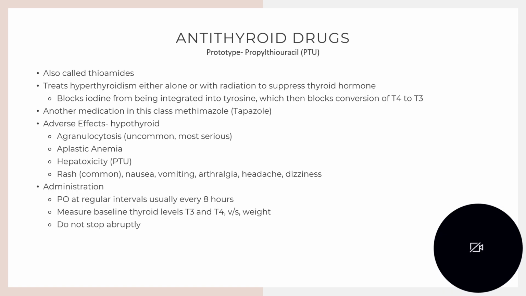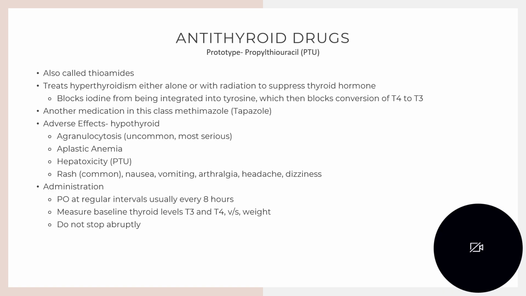So another medication in this classification is methimazole. I also just forgot to say that the prototype drug for antithyroid is propylthiouracil, or it's more easily referred to as PTU. Adverse effects of this: if I am targeting that hormone, blocking that hormone, what are my side effects going to be?